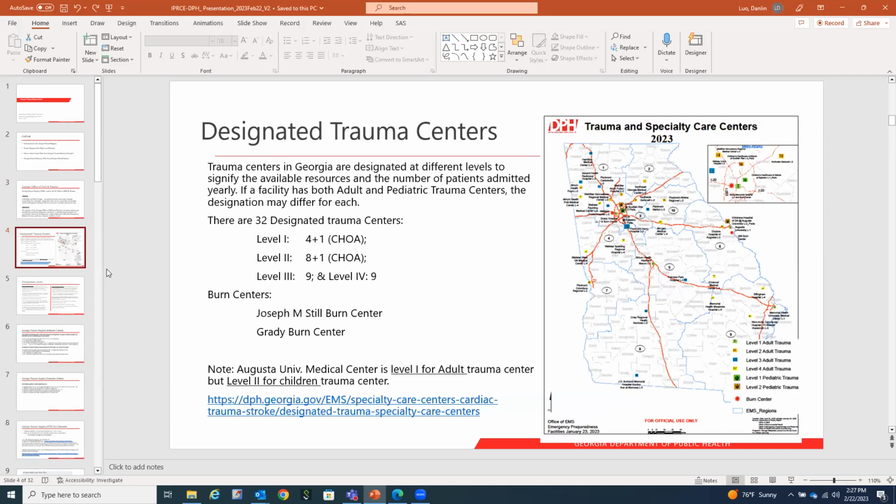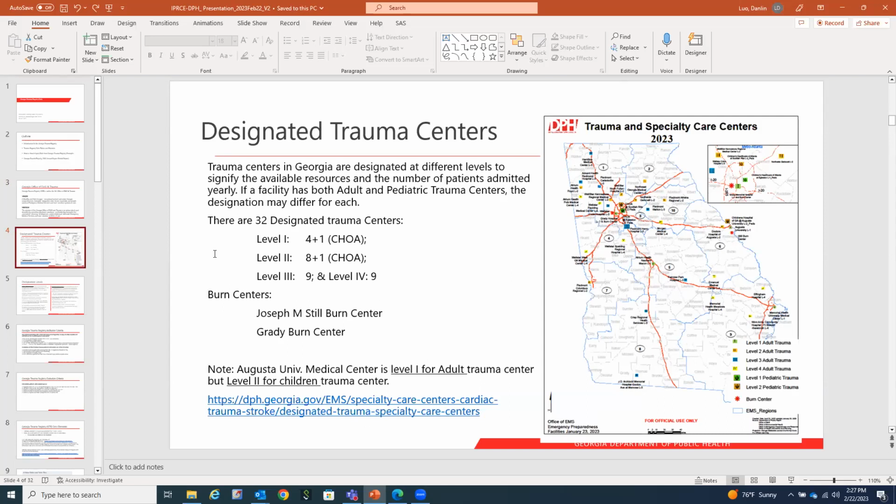Trauma centers in Georgia are designated at different levels to signify available resources and the number of patients admitted yearly. If a facility has both adult and pediatric trauma centers, the designation may differ for each.